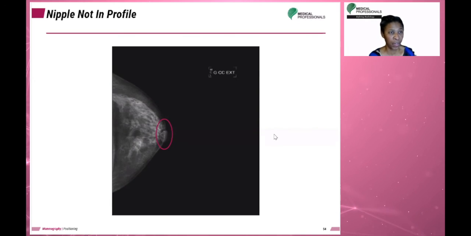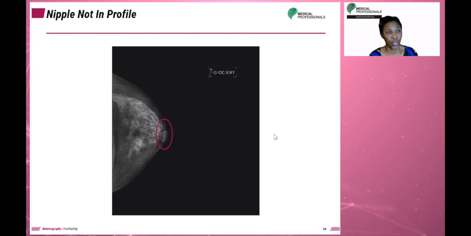You have it there. However, there are some facilities that say that the nipple must be in profile in every projection. In that case, if your nipple falls in under the breast and you're not using a BB marker, you may need to do a nipple in profile projection. What you should never do is try to rearrange the breast to put the nipple in profile.